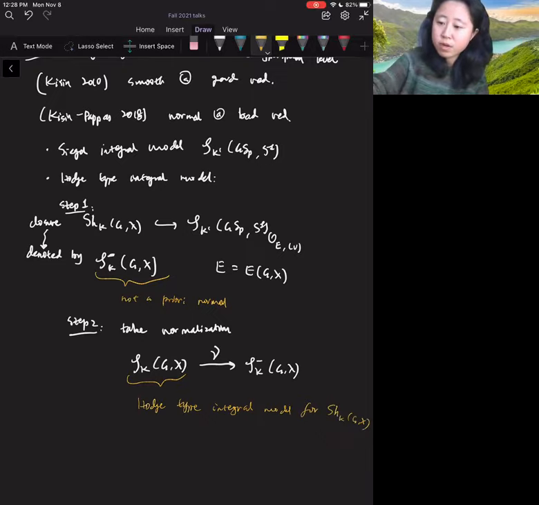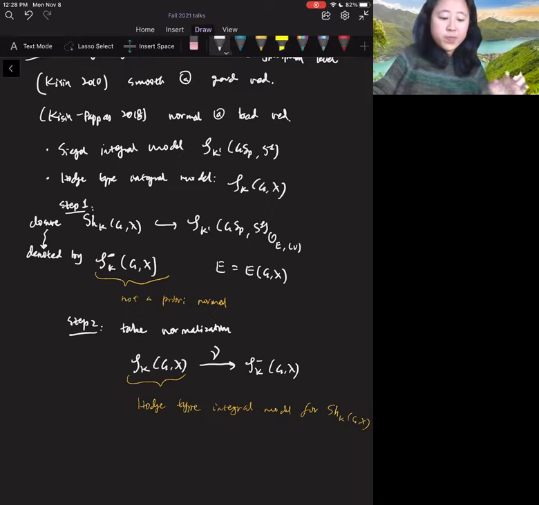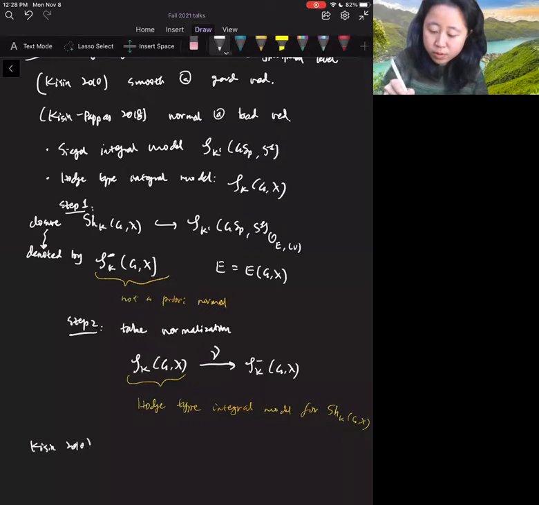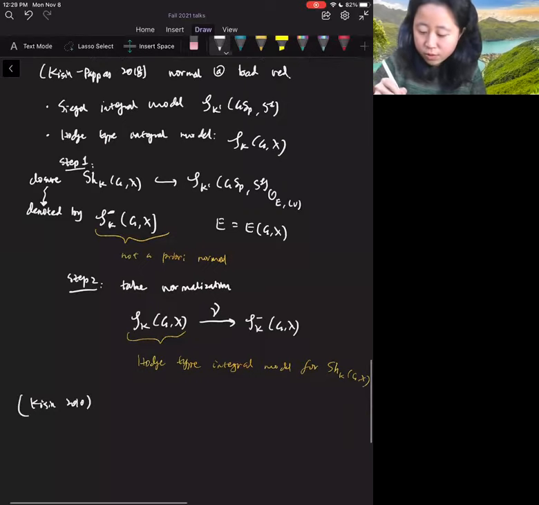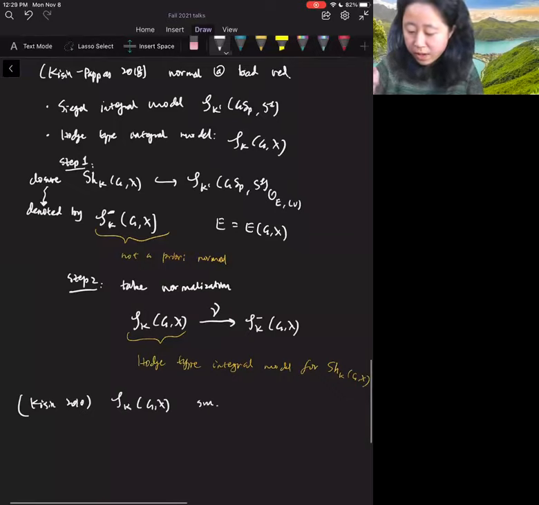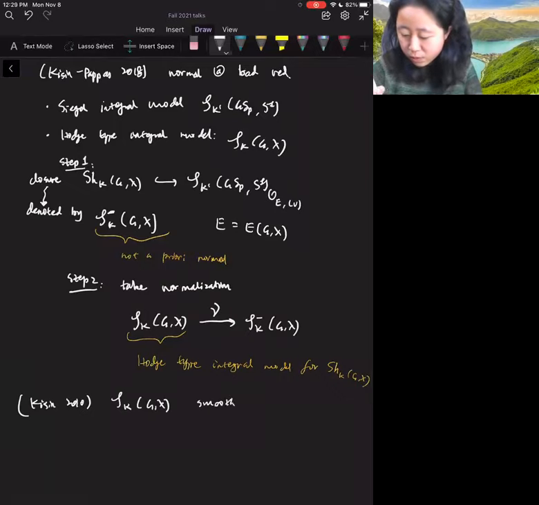Okay, so Hodge-type integral model. So these are O_E inverted away from v schemes. And in 2010, as I mentioned, Kisin showed that these Hodge-type integral models are smooth at hyperspecial level, so smooth in the good reduction case.